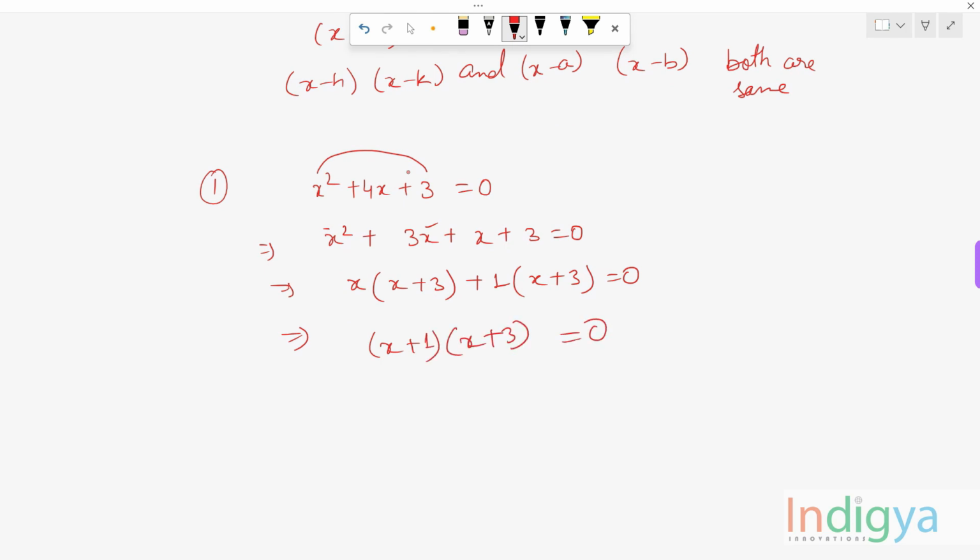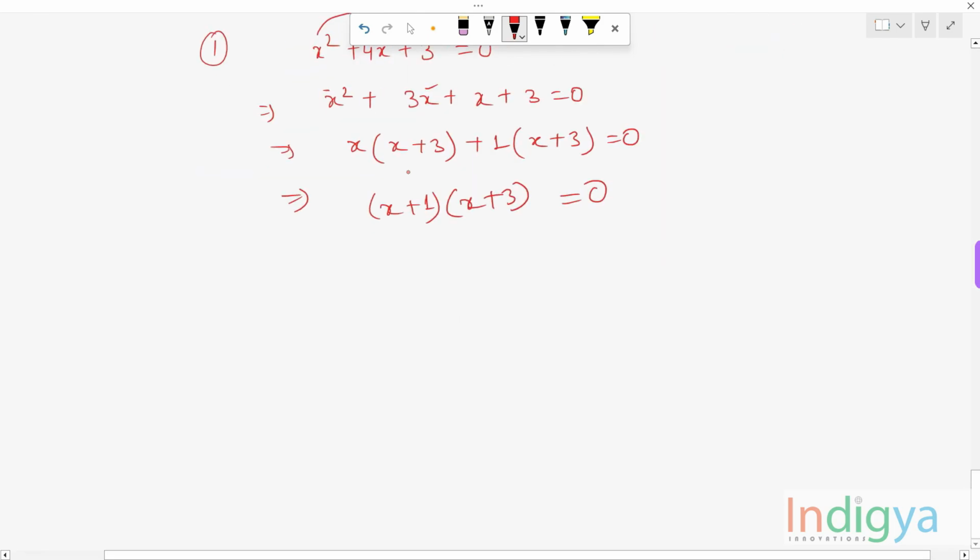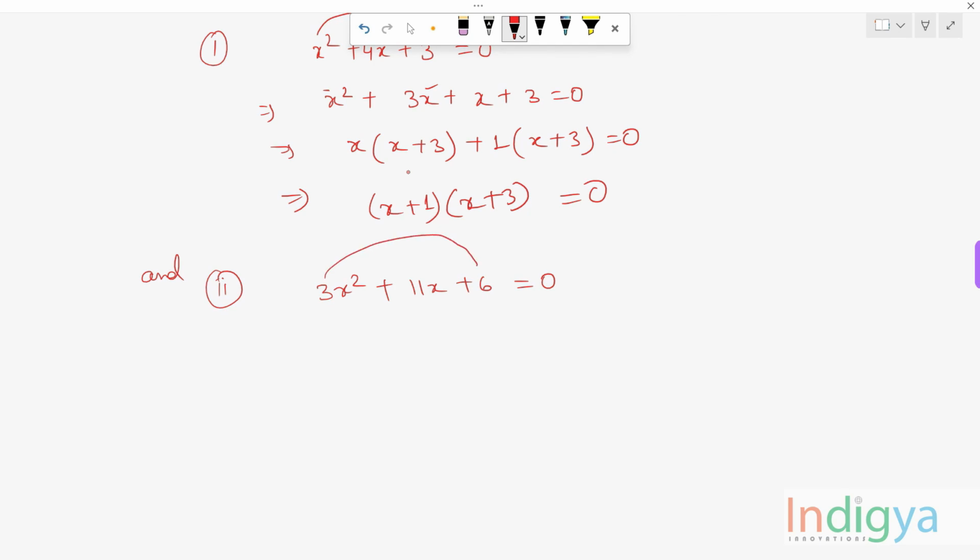A multiplication needs to be done between the coefficient of x square and the constant term c in this case. If we take a second example, 3x square plus 11x plus 6 is equal to 0, that could be further simplified as a times b is equal to 3x square times 6, which is equal to 18x square.